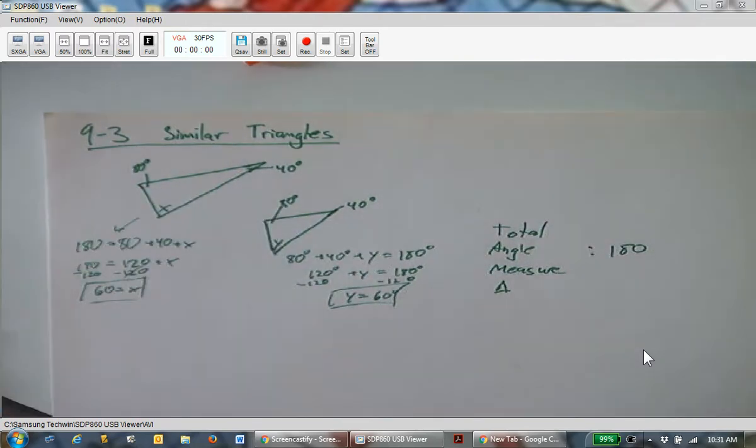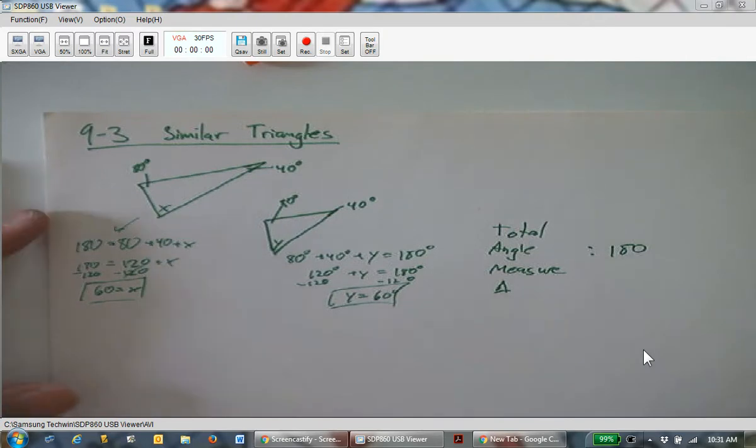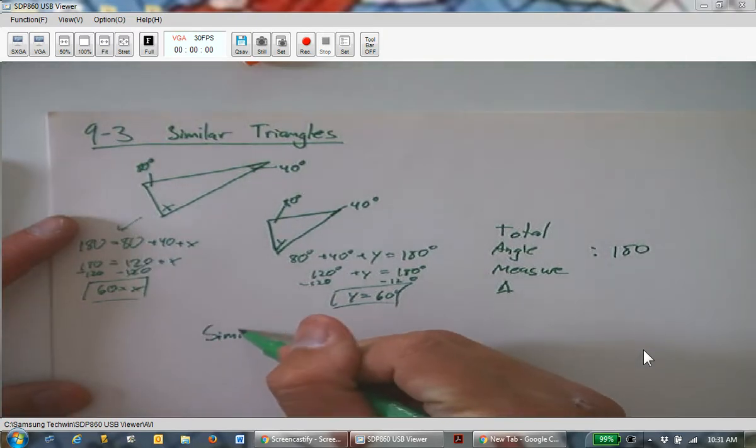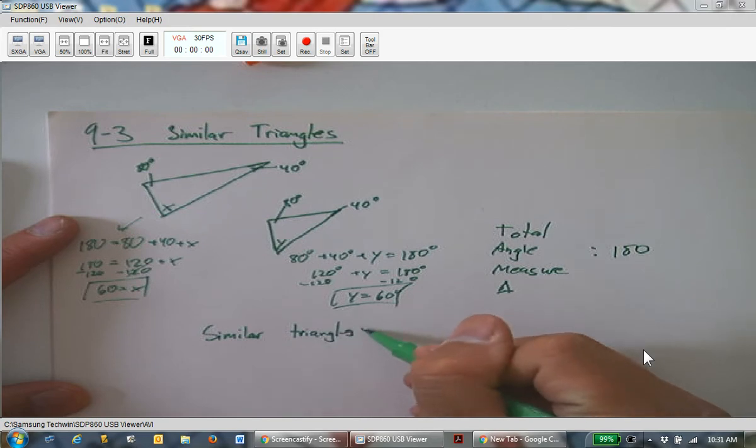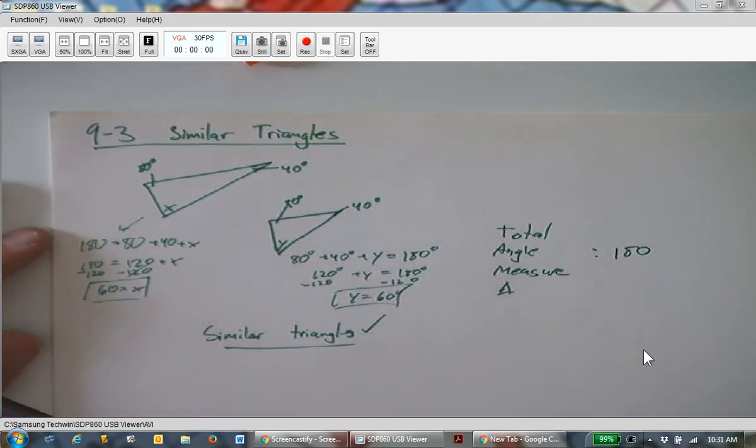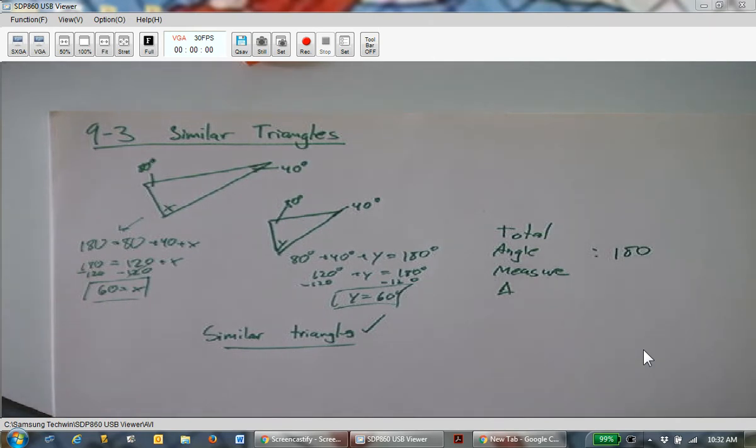What does that tell us about these two triangles then? As a conclusion, they are similar triangles. But here's what's even more significant, the takeaway from this.